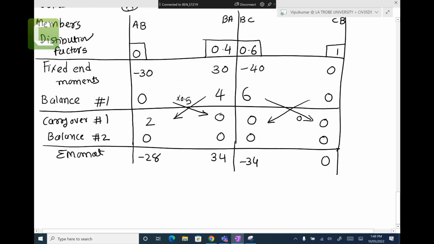Minus 30 plus 0 plus 2 plus 0 minus 28. 30 plus 4 plus 0 plus 0 plus 0, 34. Minus 24, 6, 0, 0, minus 34, all 0. I stop here and make a check. Is my table correct or not? They give me the hint here. And if this number is not the same and opposite, then you might end up with a different one.